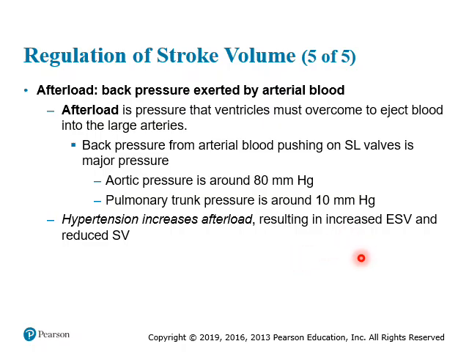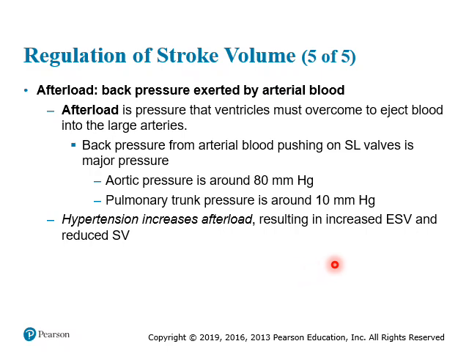The back pressure from the arterial blood pushing on the semilunar valve is a major pressure. In the aorta, the aortic pressure is around 80 millimeters of mercury, and in the pulmonary trunk, it's around 10 millimeters of mercury. Now, hypertension increases afterload.